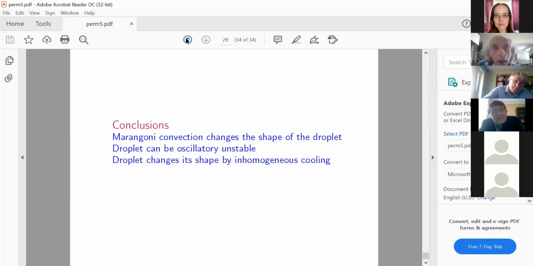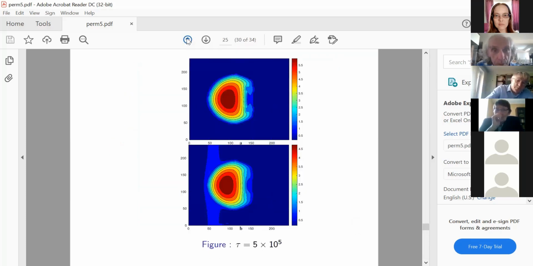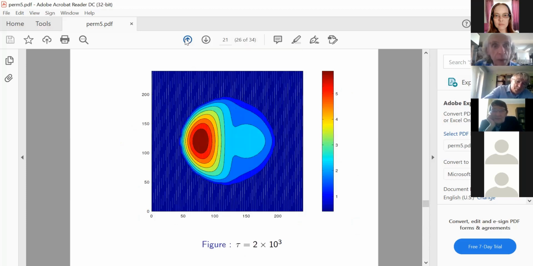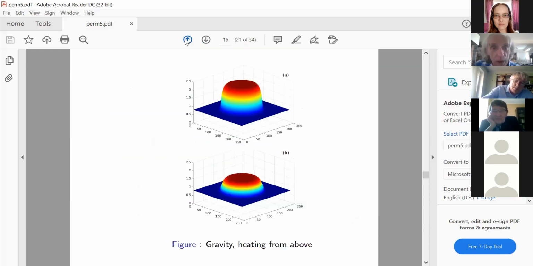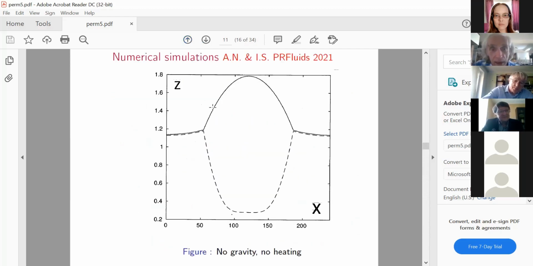Okay. This is our approach. We do not distinguish between partial wetting and pseudo-partial wetting. Our model is like that. We have a droplet, and some people, for instance Starov, say that the precursor always exists.